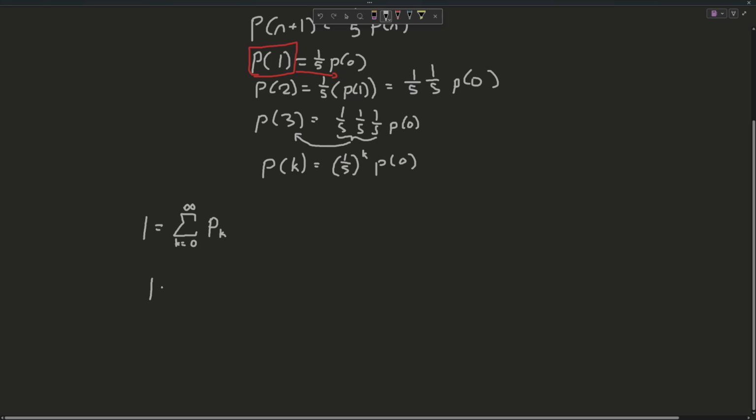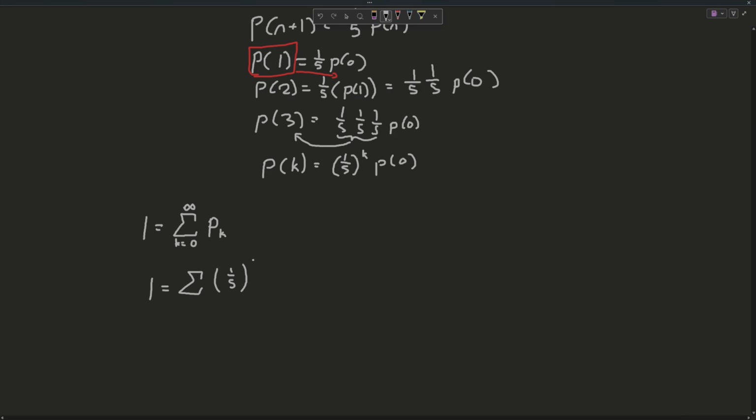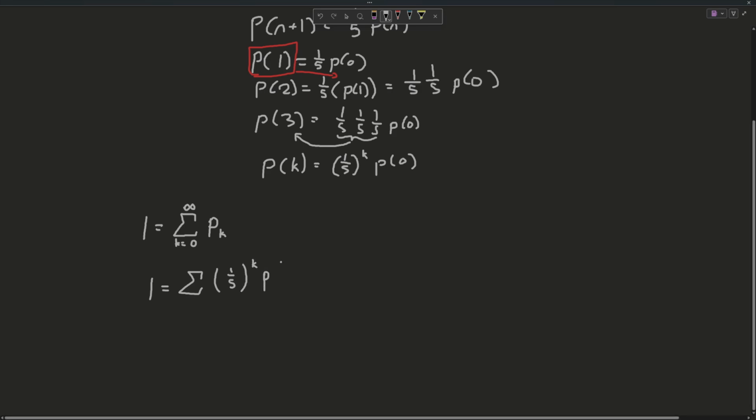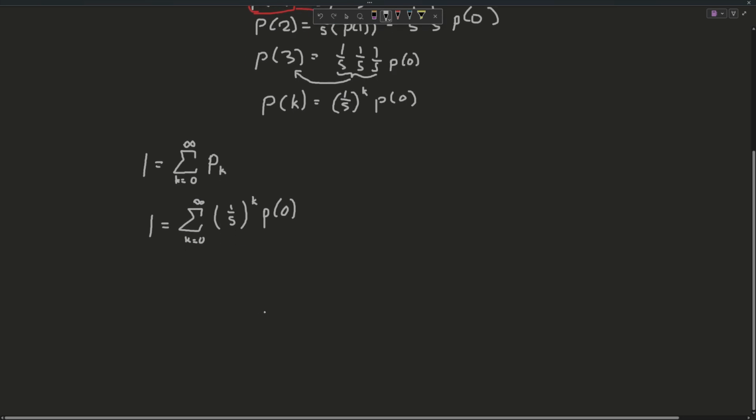Now let's try to plug it in. So we have our 1/5 to the k p of 0, and our bounds stay the same. And the sum of a geometric, we should know, is our first term, so this is p of 0, over 1 minus whatever's in here, 1/5.